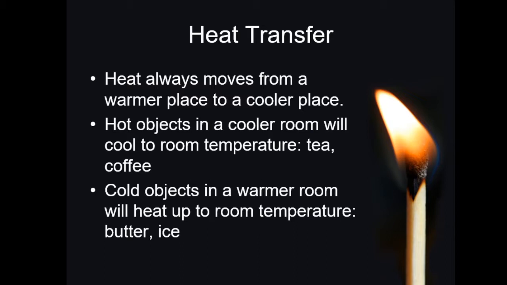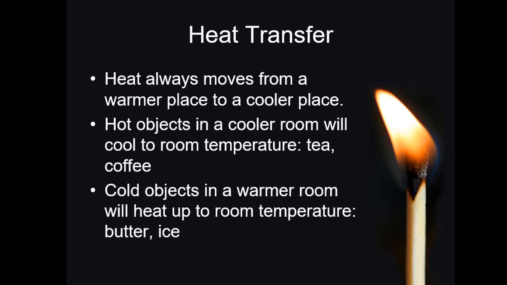Heat transfer. Heat always moves from a warmer place to a cooler place. Always, right? So if you put a hot object in a cool room, that hot object will come to room temperature. For example, you just brewed yourself a coffee, place it on your table, leave it there for a few minutes, and it will eventually reach room temperature.